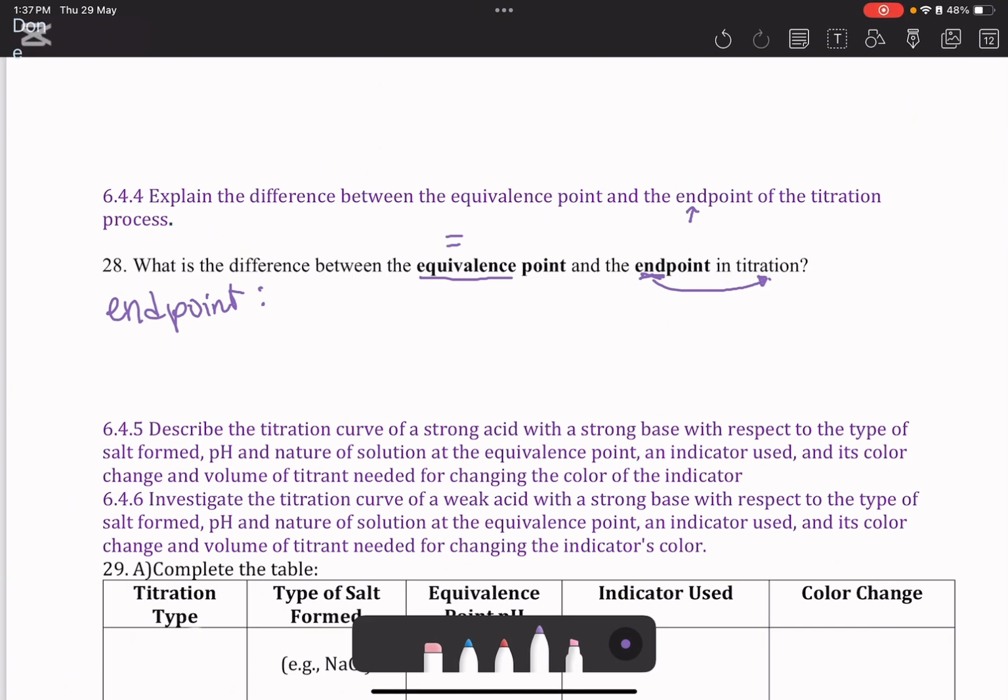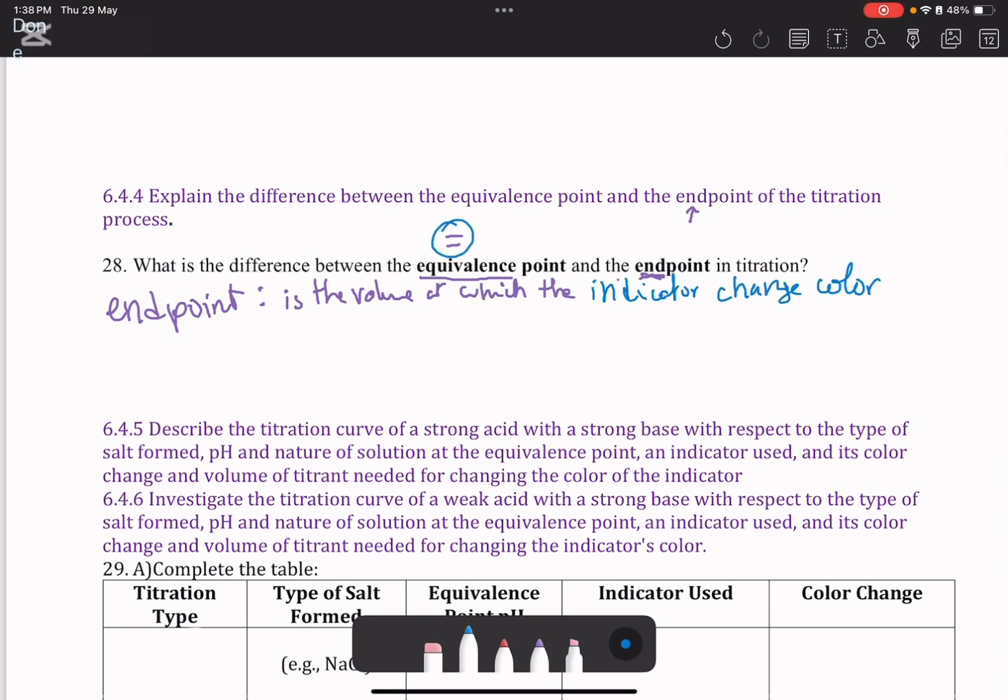So the end point is the volume at which the indicator switches or changes color. And it has to be a slight, faint color change. It's usually obtained slightly after the equivalence point.